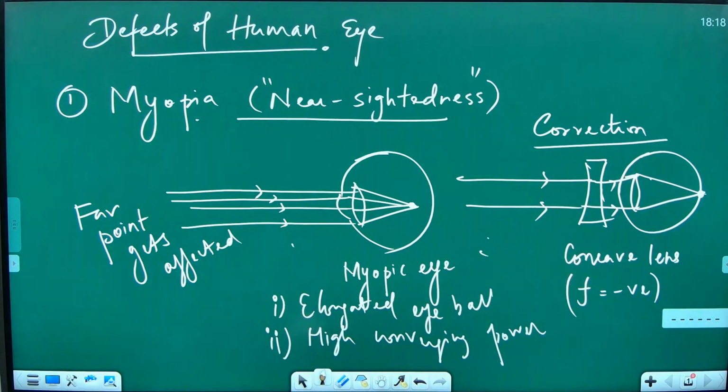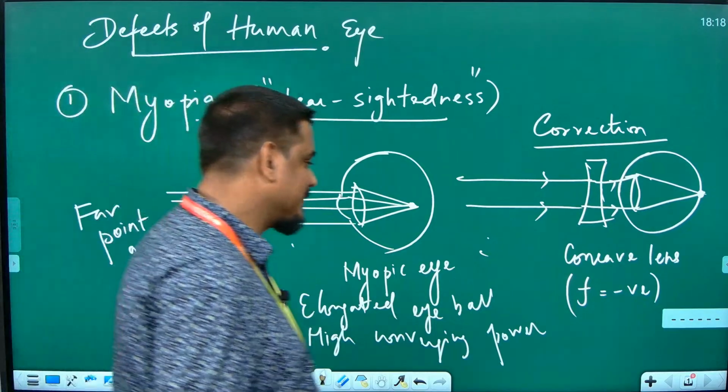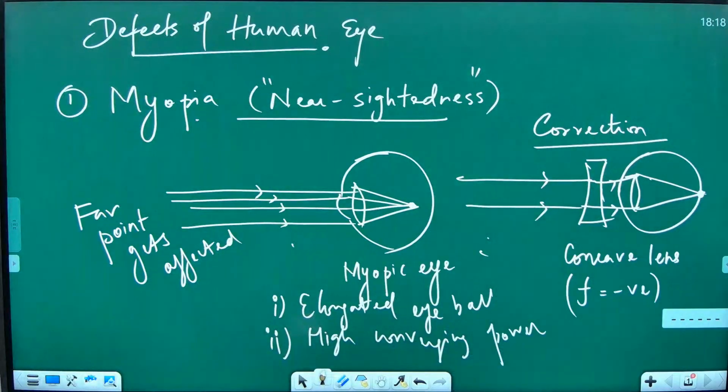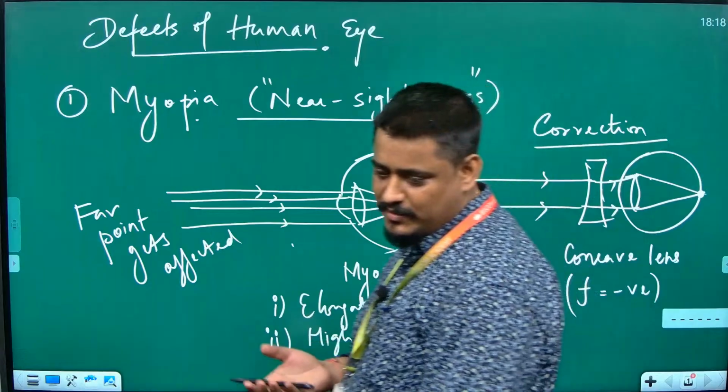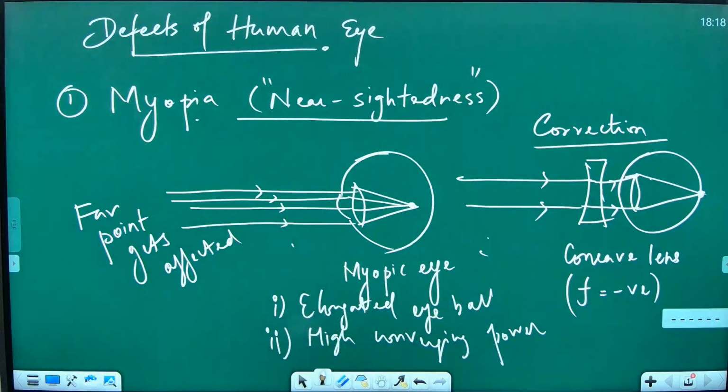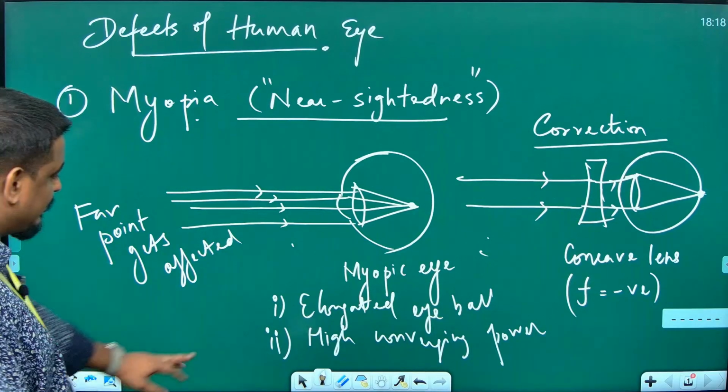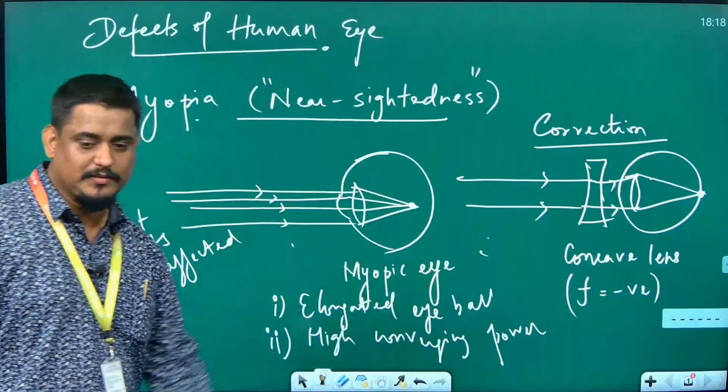I told you, and I wrote on the board also, then also you are using convex lens. Can I go to the next topic? Please make it fast. High converging power, and the first one I wrote is elongated eyeball.